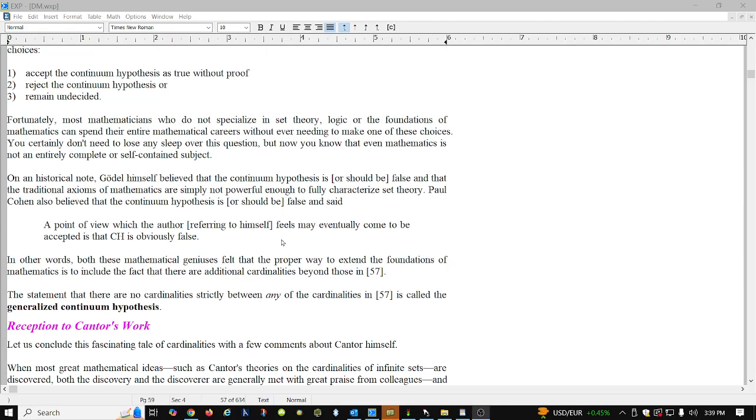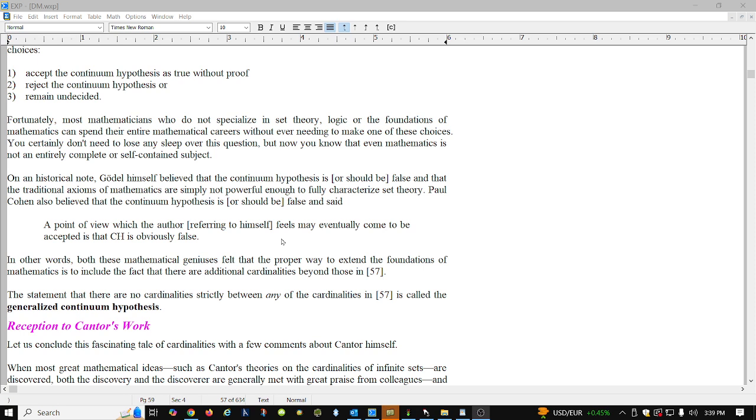Just on a historical note, Gödel himself believed that the continuum hypothesis should be false. It should be taken to be false. And that the traditional axioms of mathematics are simply not powerful enough to fully characterize set theory, and therefore also show that the continuum hypothesis is false.